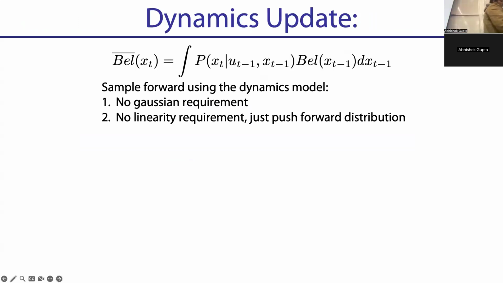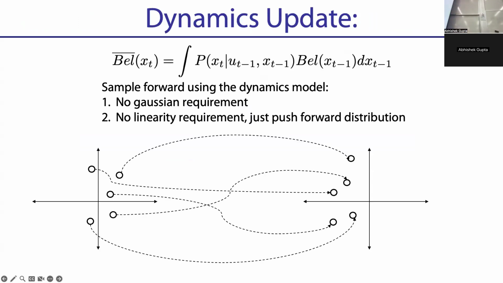Okay, so pictorially, you can think of this. This was your list of states. You pushed it forward with the dynamics model, which means you call the function with those states as the input. It gives you a new list of states, right? But the nice thing is you don't force the dynamics model to have any particular form. The dynamics model can be non-linear, it can be non-Gaussian.